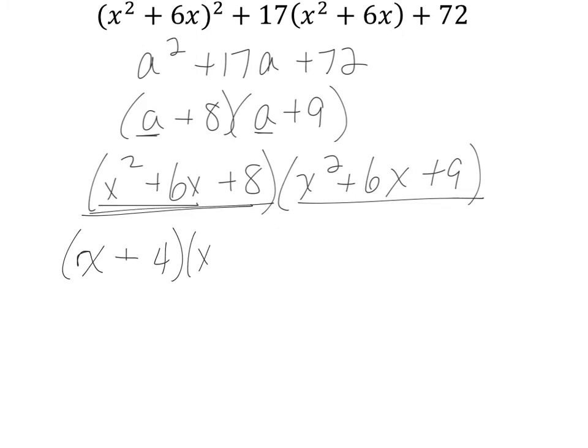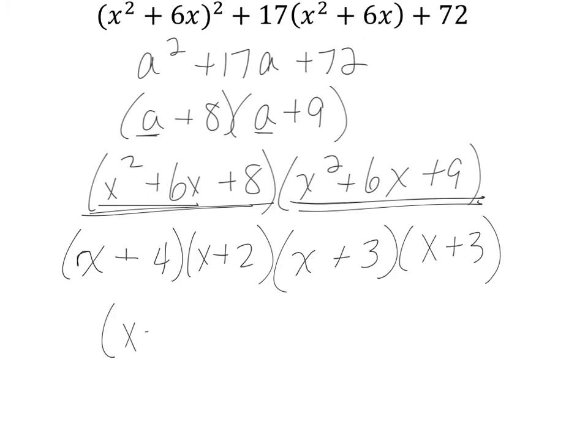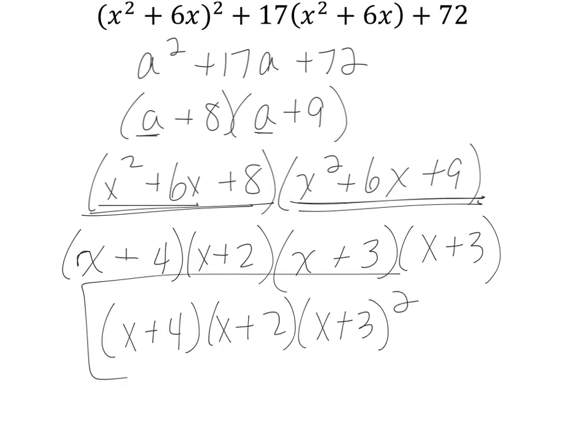So I factored this one right here, x plus 4, x plus 2. Okay, and factor this one here, x plus 3, x plus 3. So it's actually x plus 4, x plus 2, and then x plus 3 squared if you want to get fancy. All right, have a good day.